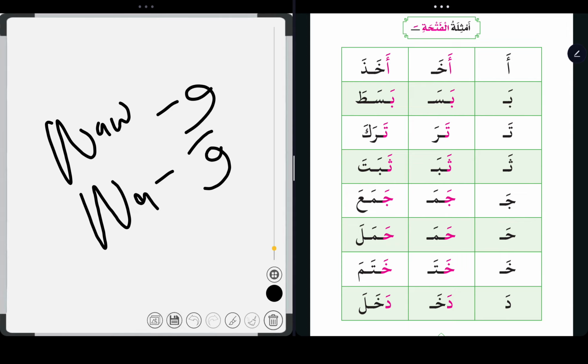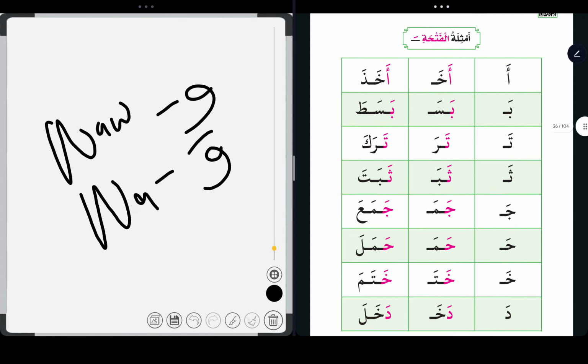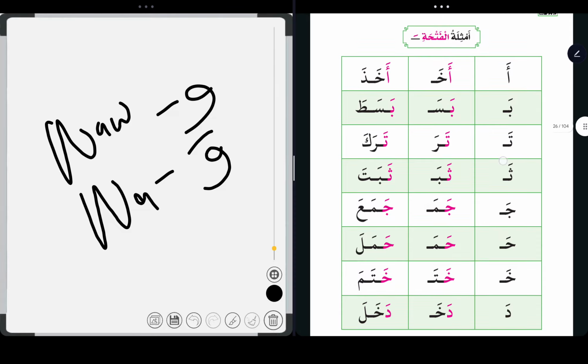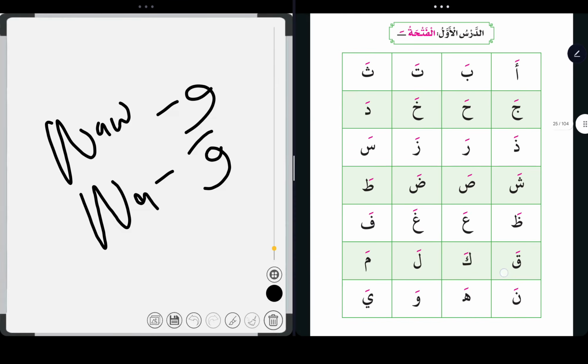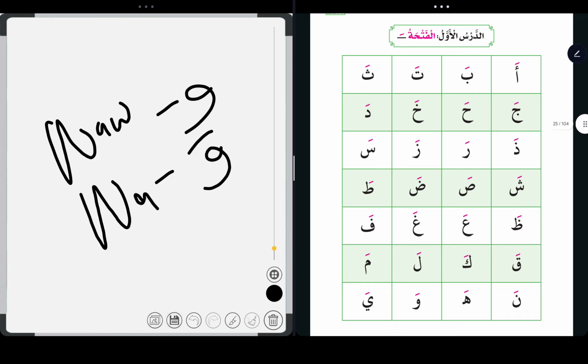So step by step, inshallah ta'ala. The assignment is going to be to read all the sounds correctly as we have been taught, inshallah ta'ala.